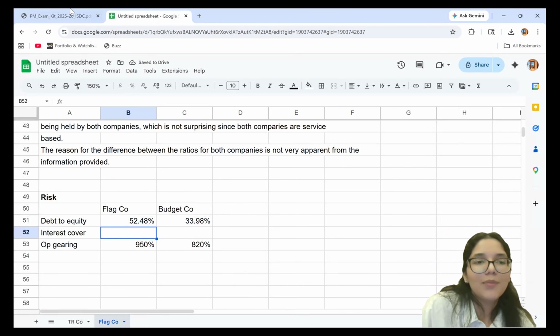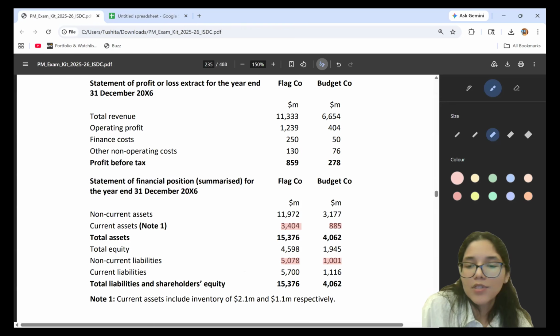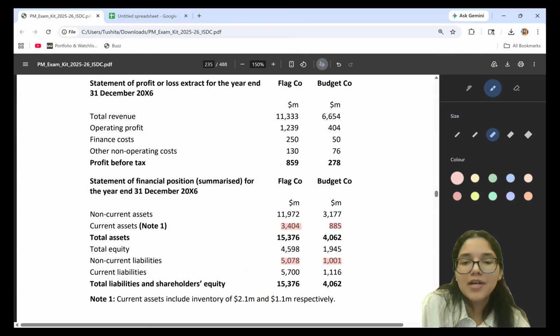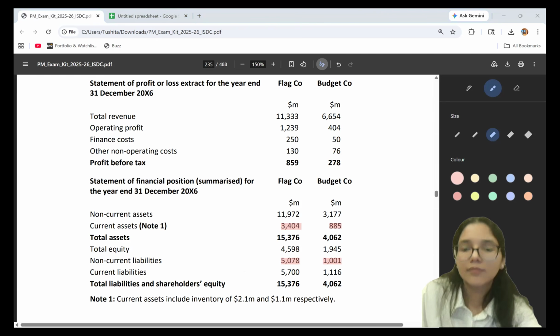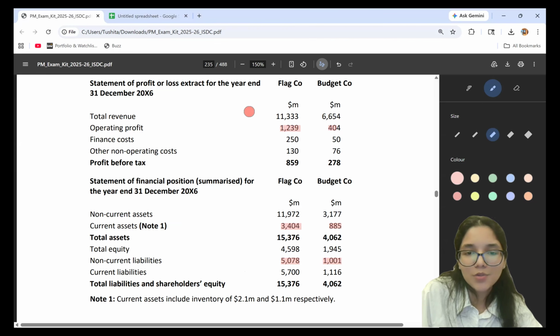Then I will calculate my interest coverage also. Guys, what's the formula that we have learned for interest cover ratio? What's the formula? Yes, it is PBIT upon interest. So we take the PBIT, which is nothing but your operating profit, and we divide it by the interest that the company has to pay.